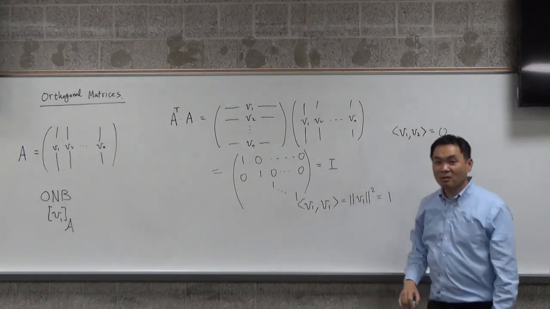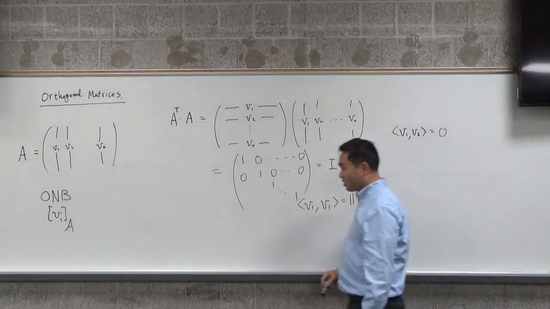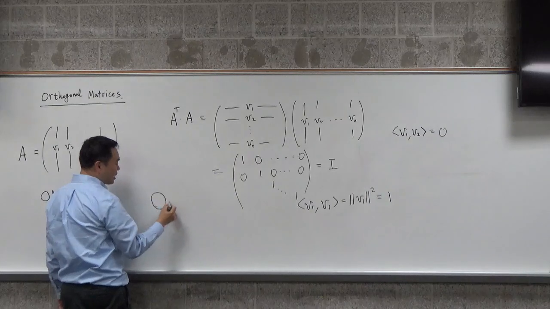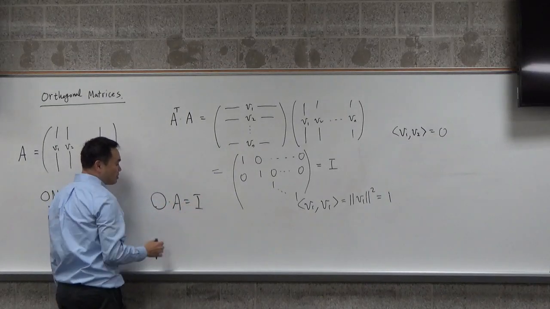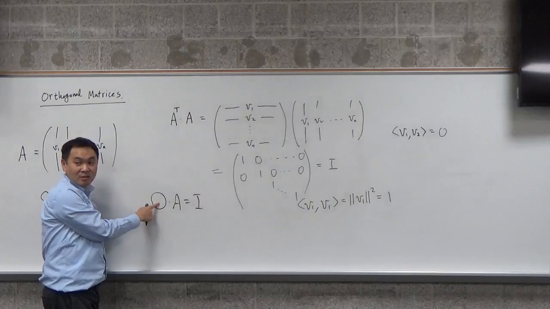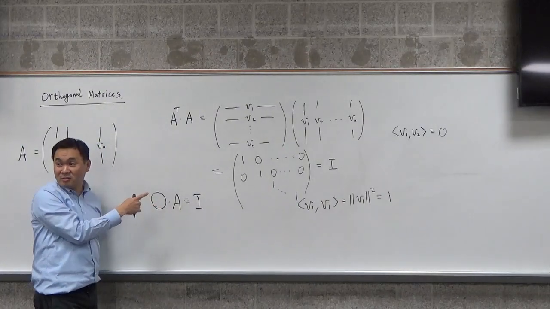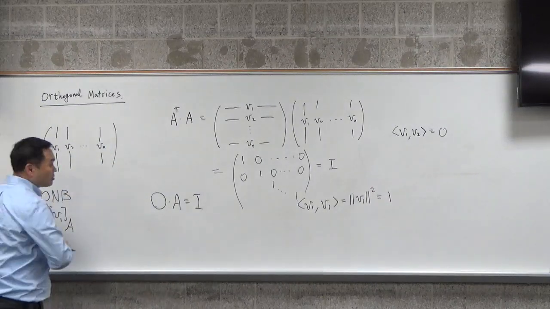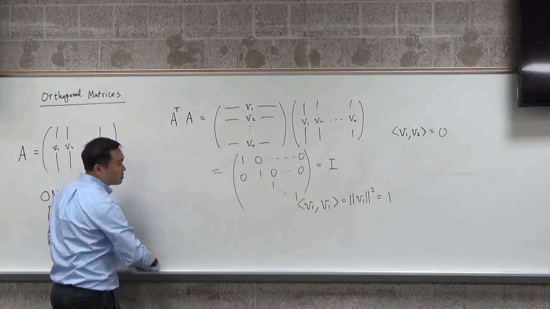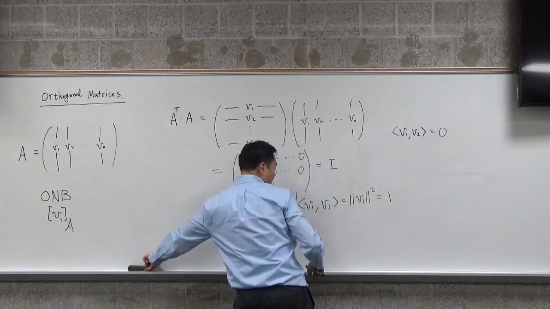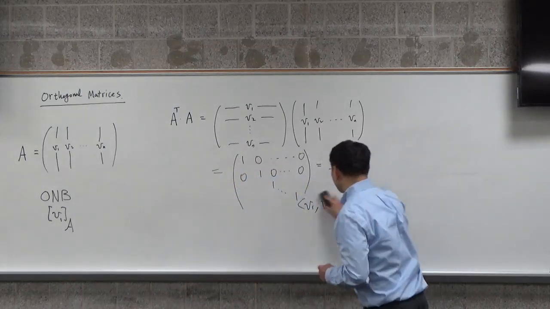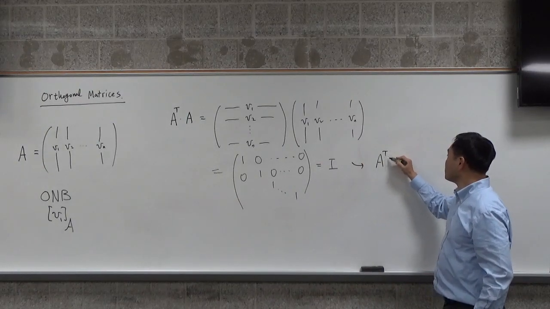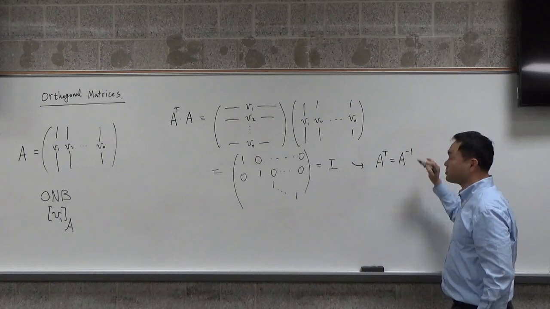This tells us something else. If you have something times itself and you get the identity, we call this the inverse matrix of A. So what we just showed is that this calculation immediately shows that A transpose is equal to A inverse.